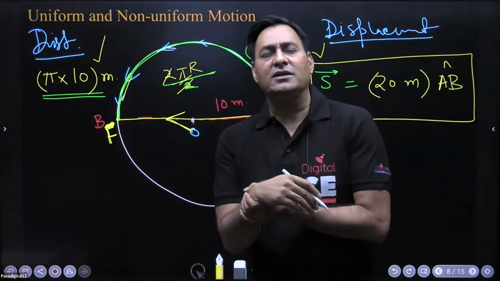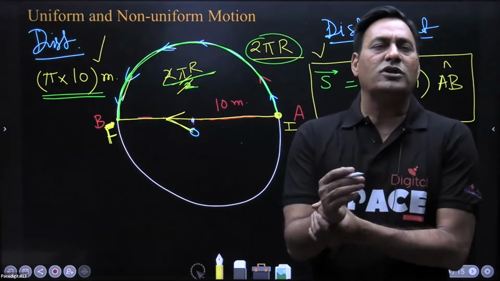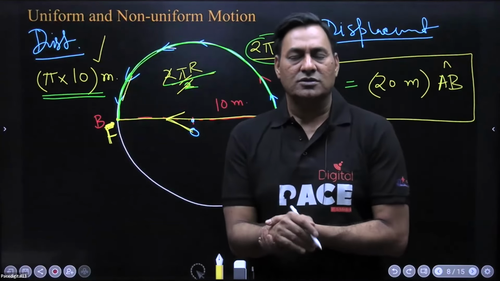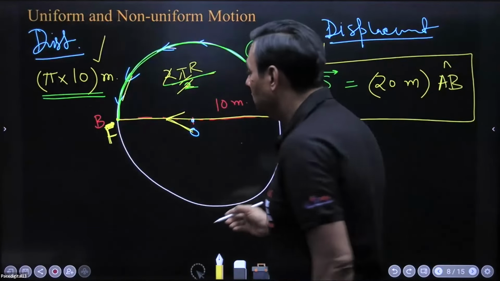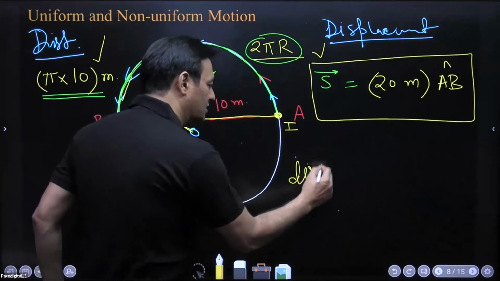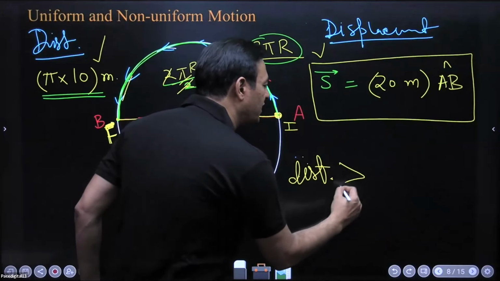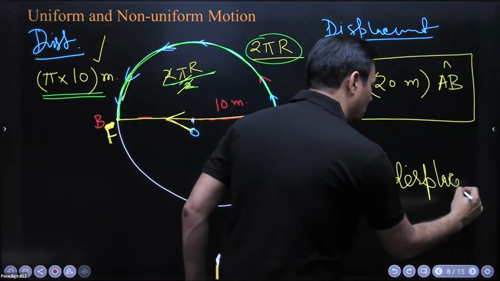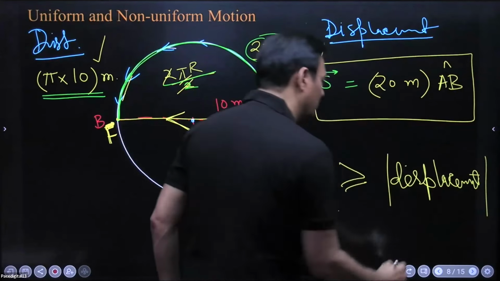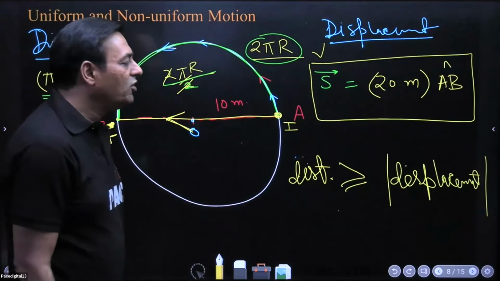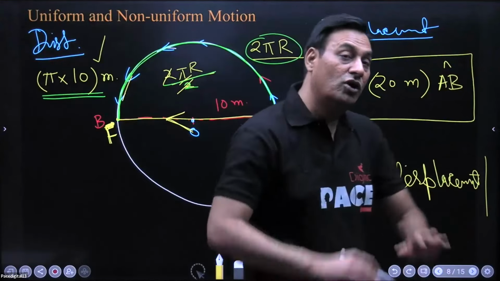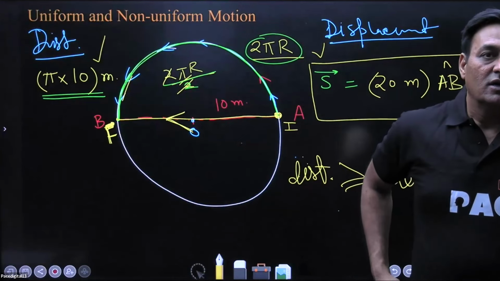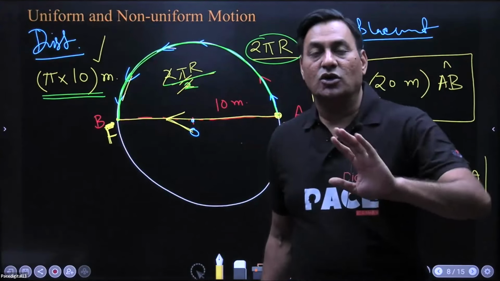Distance will always be greater than or equal to the magnitude of displacement, always. The maximum thing that can happen is it can be equal. Displacement will always be less than or equal to distance.